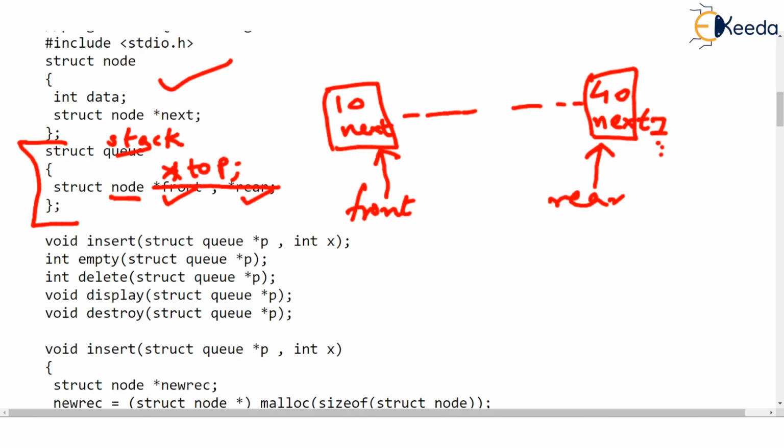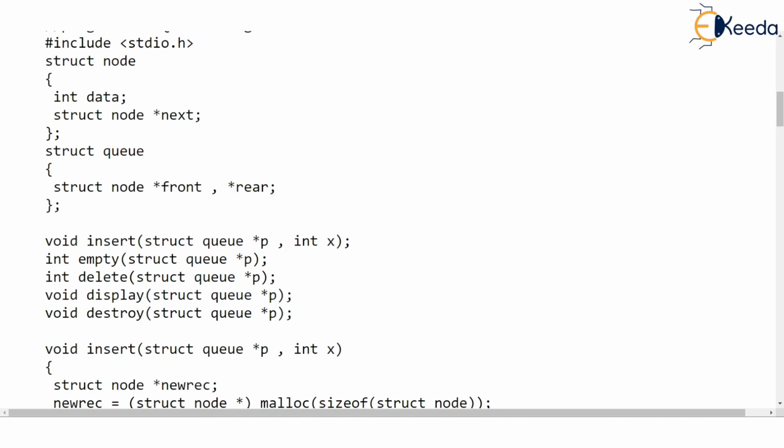Push and pop occur only at one end. Whereas deletion in the queue occurs at front. This person will get deleted frontmost because frontmost person should get out of the queue first, and any insertion will occur at rear end. If we are adding 50, 50 should follow 40. So we need two pointers in the queue.